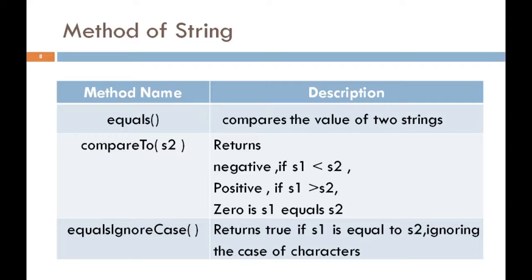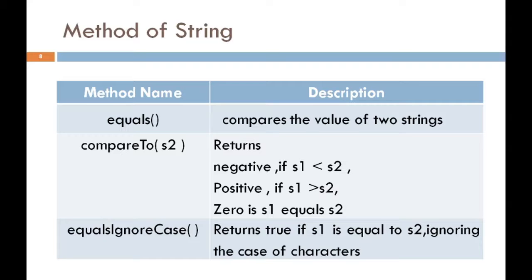If all the characters match, it returns true, else it returns false. But it is a case sensitive method. That means if a small letter and a capital letter are present, then it does not return true. It returns false, because capital letters and small letters are different.